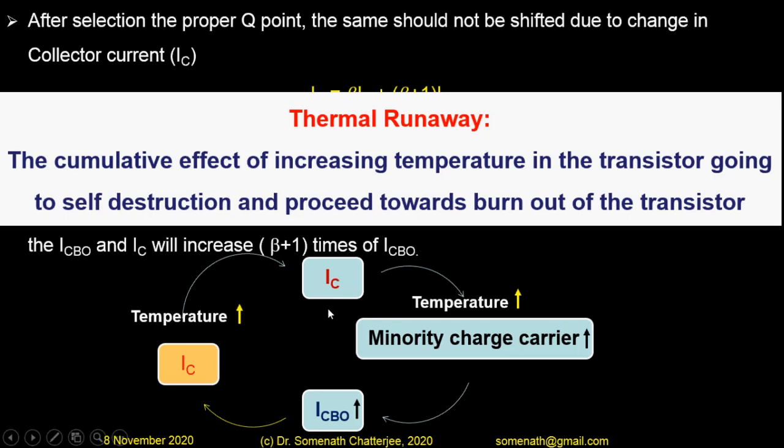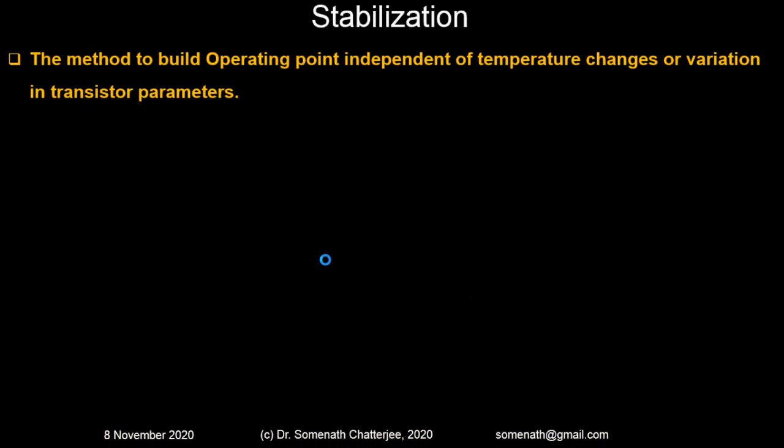Okay, so now we will see the factors for thermal runaway, which we have to avoid, and to avoid it we go to stabilization: how we can increase the stability.